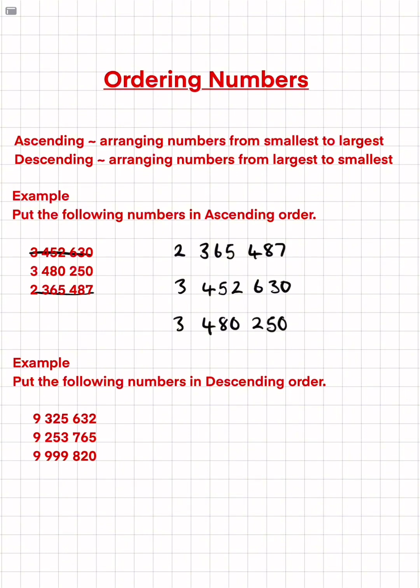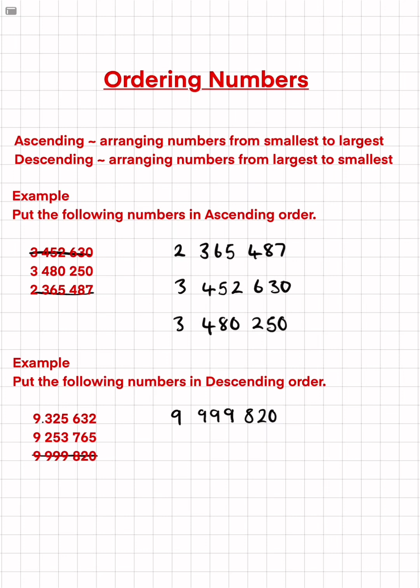We've got 300,000, 200,000, and 900,000. 900,000 is greater than 300,000 and 200,000. So the largest number out of the three is 9,999,820. 300,000 is greater than 200,000.